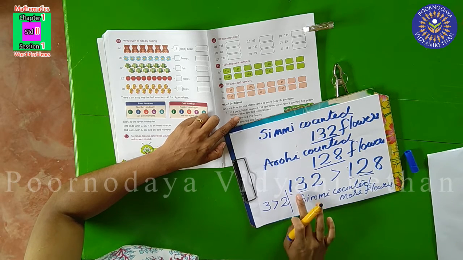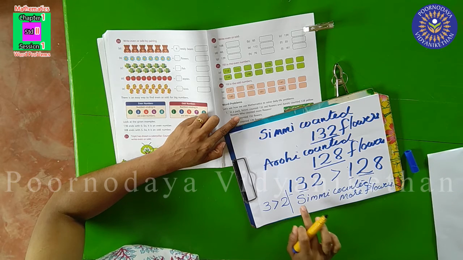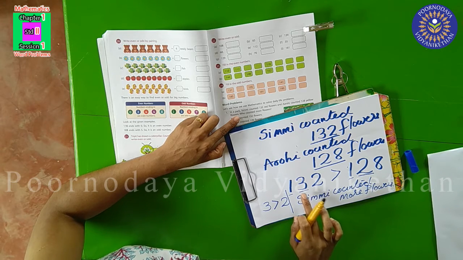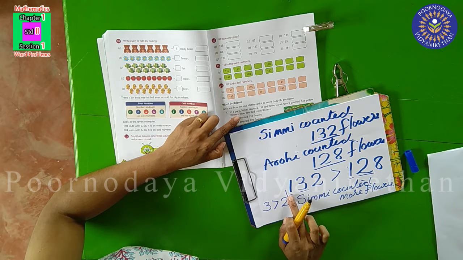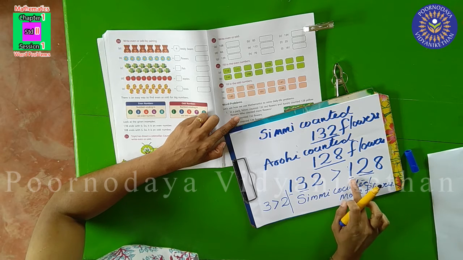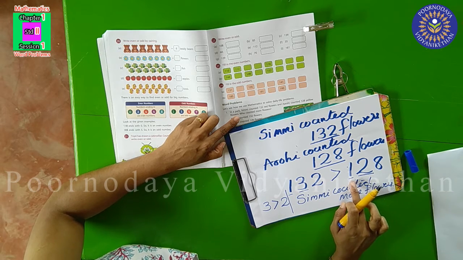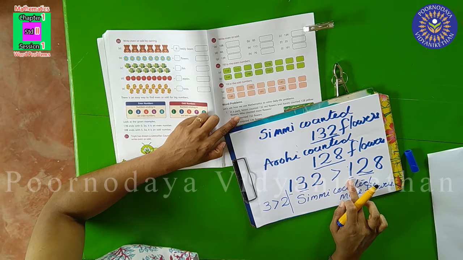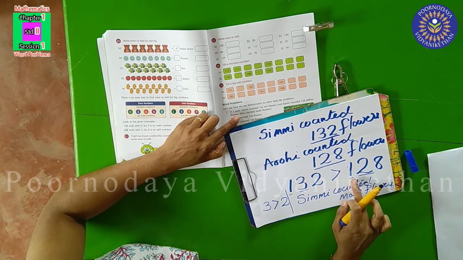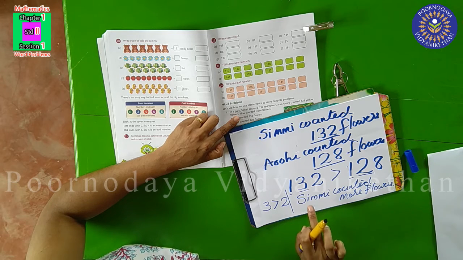You have to compare these two numbers from the leftmost digit. The leftmost digit of the first number is 1. In the second number 128, the leftmost digit is also 1. So both digits are equal. So we have to check the next digit.